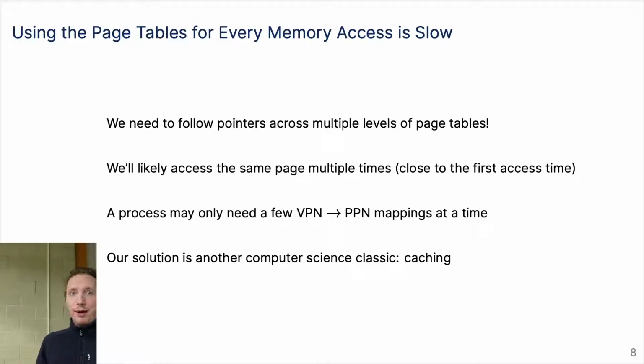So why would you bother translating the same thing to the same physical page number 1,000 times when you know you're going to use it over and over again? Also, some processes might only need a few virtual page number to physical page number mappings. So we just pull out the classic solution and throw a cache on it.